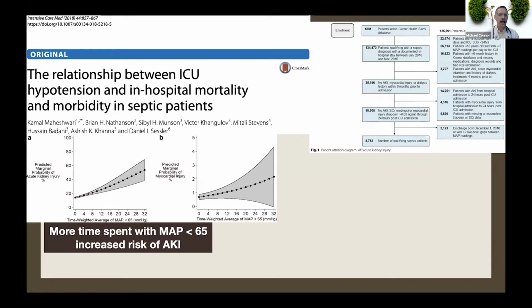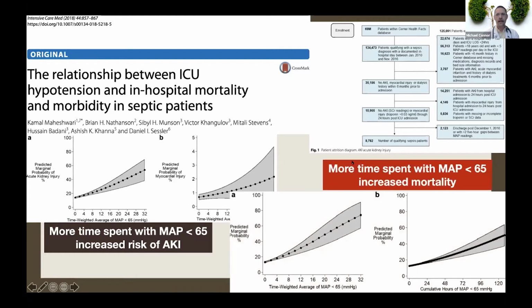So here you can see the time-weighted average of MAP, as well as the predicted marginal probability of acute kidney injury. As the time below MAP 65 goes up, you have more risk of AKI, as well as myocardial injury. And the same thing occurred with mortality: more time spent with a MAP of less than 65 increased your risk of mortality.